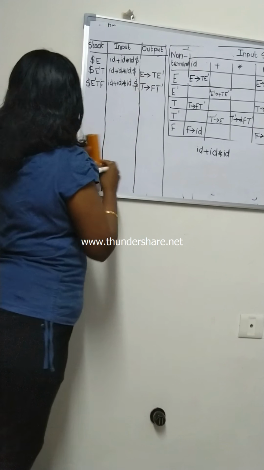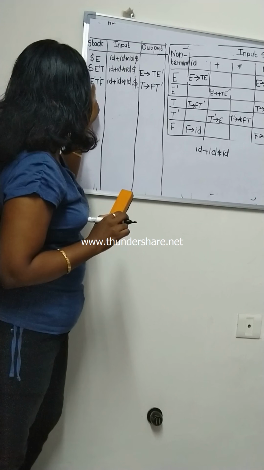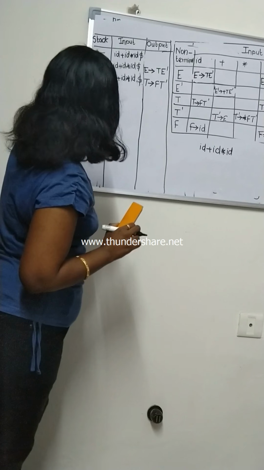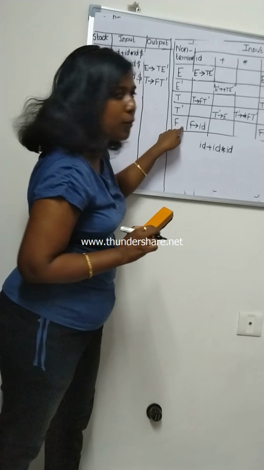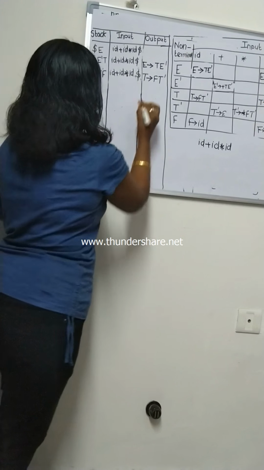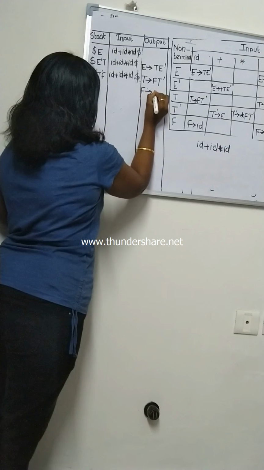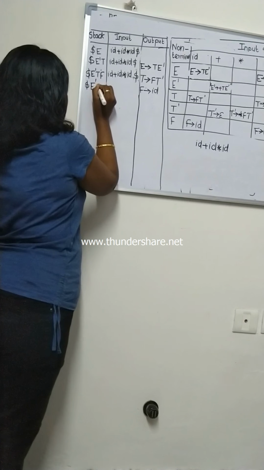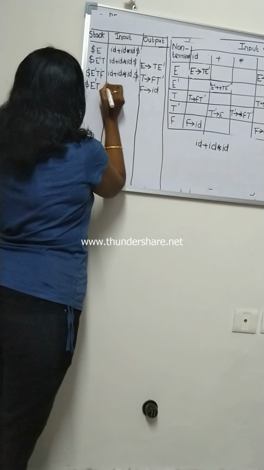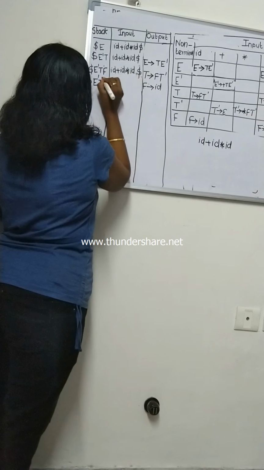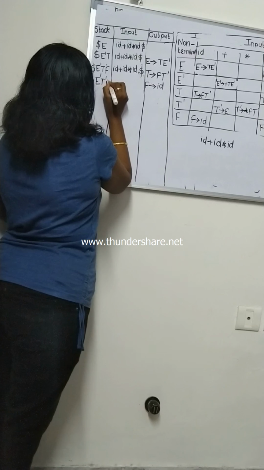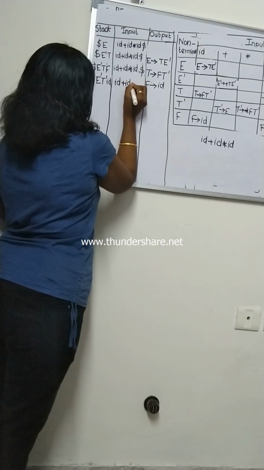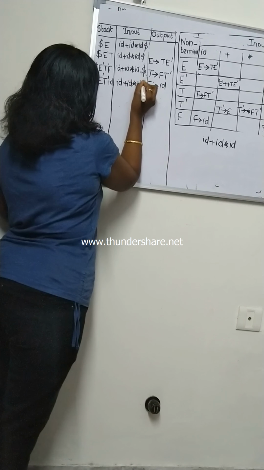Now we are going to find E dash row ID, F row ID column. So F row ID column, we have F derives ID. So dollar E dash T dash and ID, and here also we have ID plus ID star ID dollar.